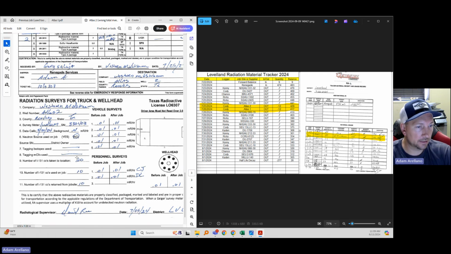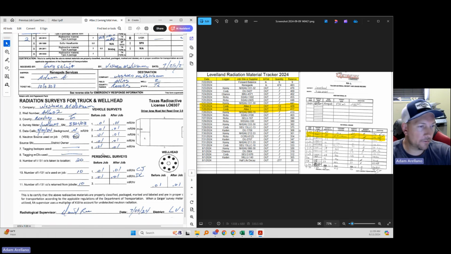So an inspector would say, do your guys in the field know how to handle this material? Do they know how, are they trained properly? Is there an error on what the number of total CCs taken to location really means? This could be that they're tracking one bottle, but we need to be tracking total inventory and total CCs taken to location.